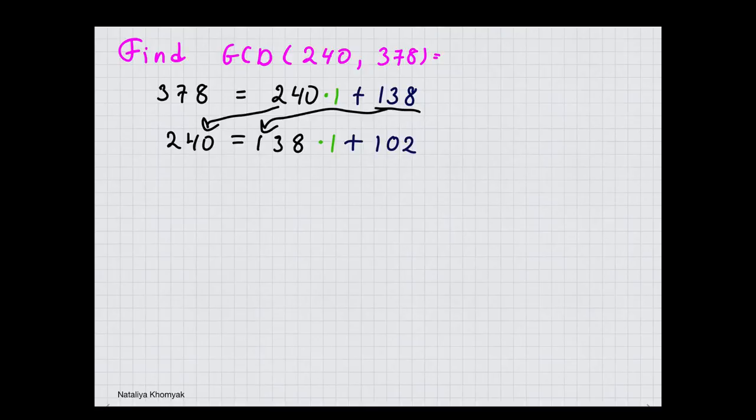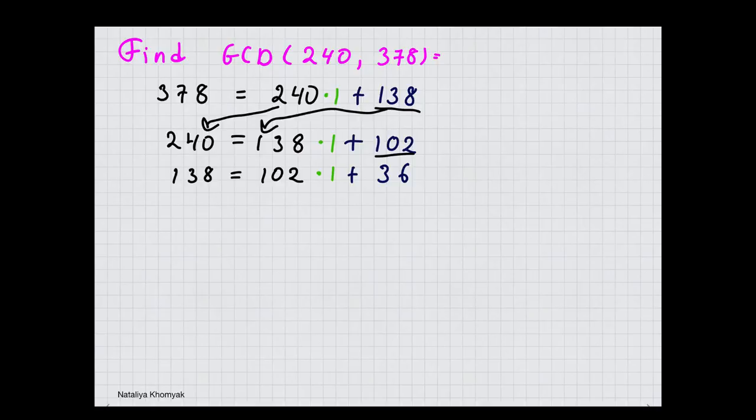Since the remainder is not equal to 0, we do the algorithm again. So we take 138, we move it across the equal sign, and we rewrite it in terms of the previous remainder, which is 102. We do not care about the quotients. 102 goes into 138 one whole time, plus the remainder is 36.